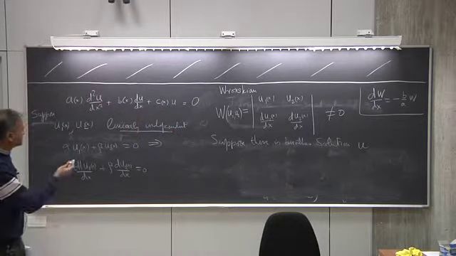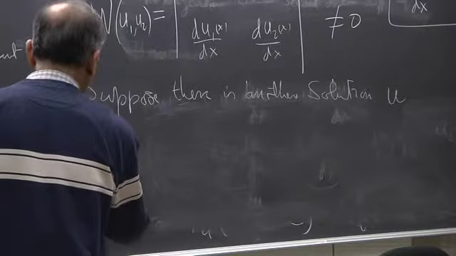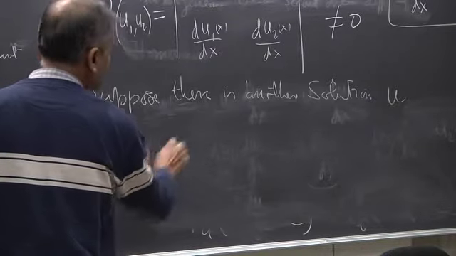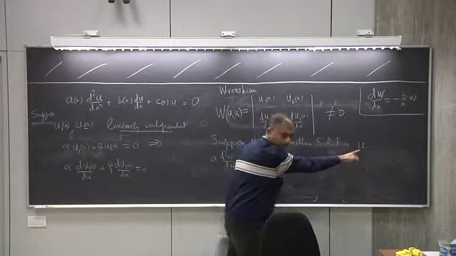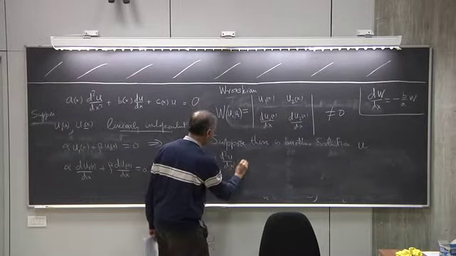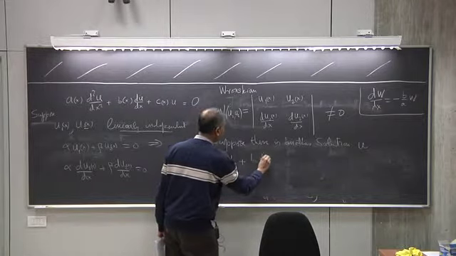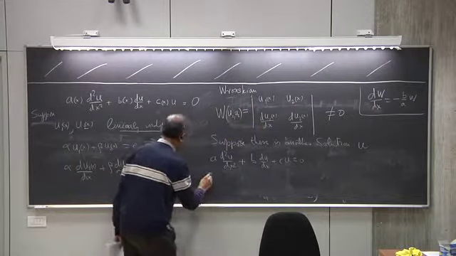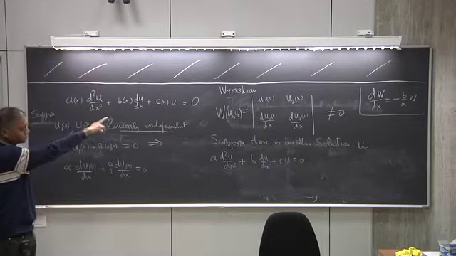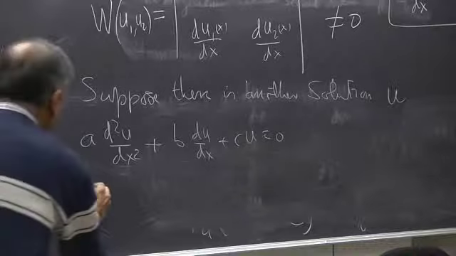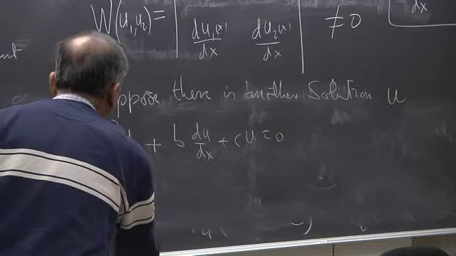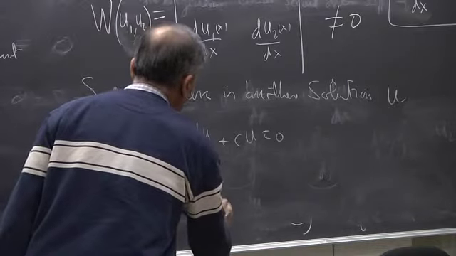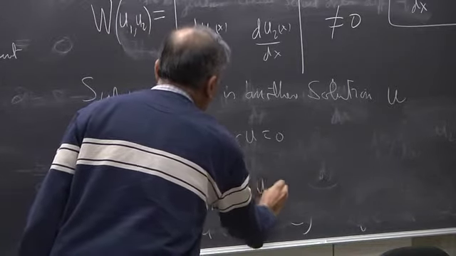Then we actually have three equations, right? So let me write it like this. A d2u by dx2, this u, another solution, that satisfies that equation. So it is true, b du by dx plus c u equal to 0. And then, of course, I also know that u1 and u2 are also solutions of this equation. So I also have a d2u1 by dx2 plus b du1 by dx plus c u1 equal to 0.